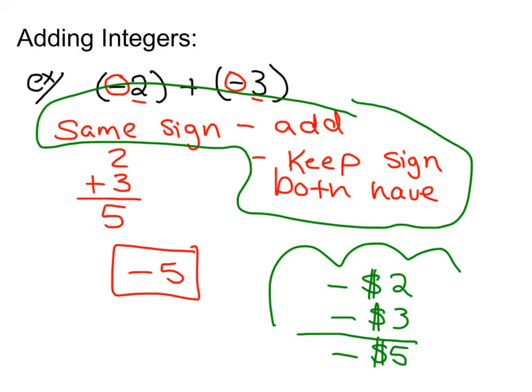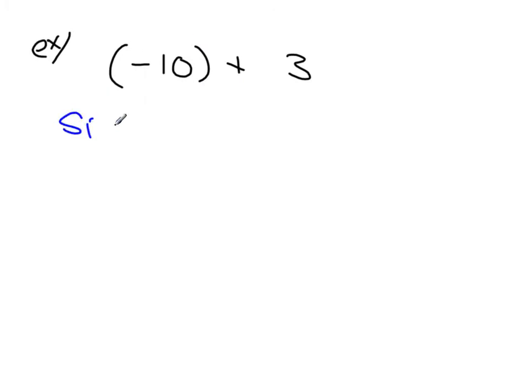Now, if we have signs that are different, so for example, we have -10 plus, I don't know, 3. Now, one's negative and the other is positive. If the signs are different, we are going to subtract.